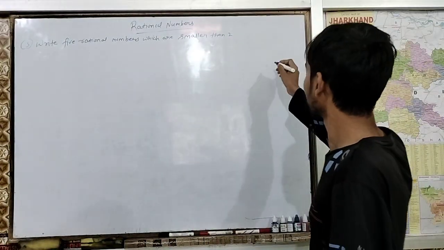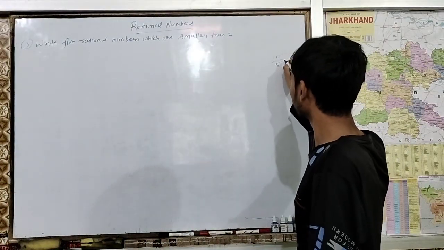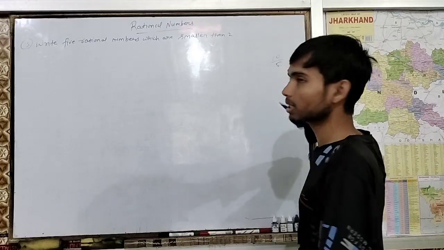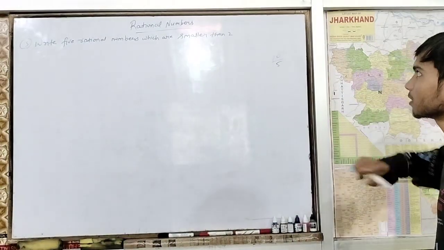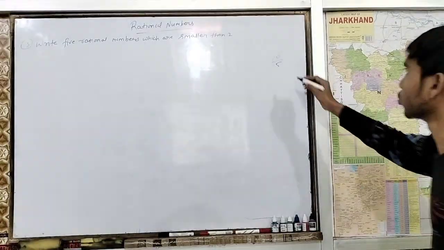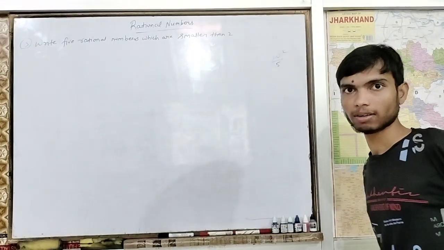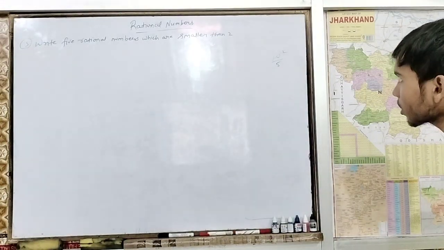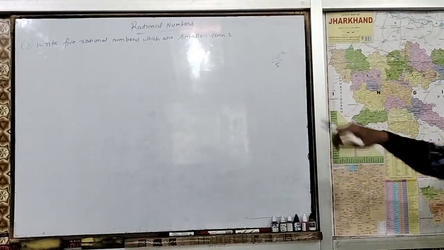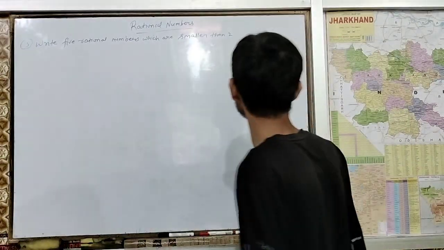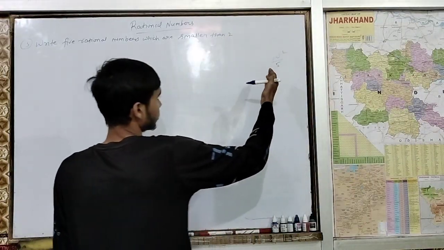So the rational form of 2 can be 10 upon 5, isn't it? 10 upon 5 gives us 2. So the 5 rational numbers should be less than this rational number.